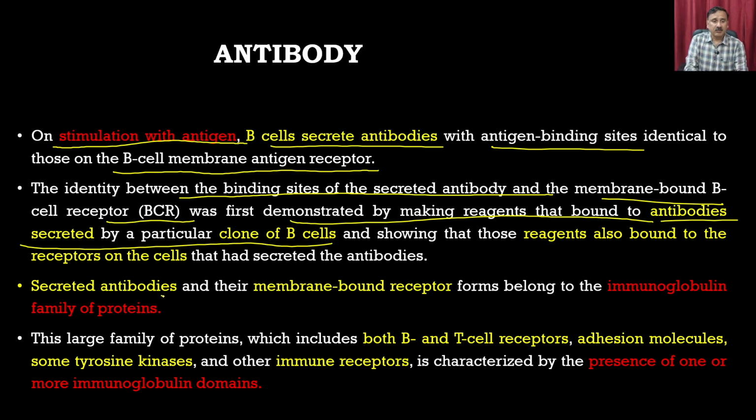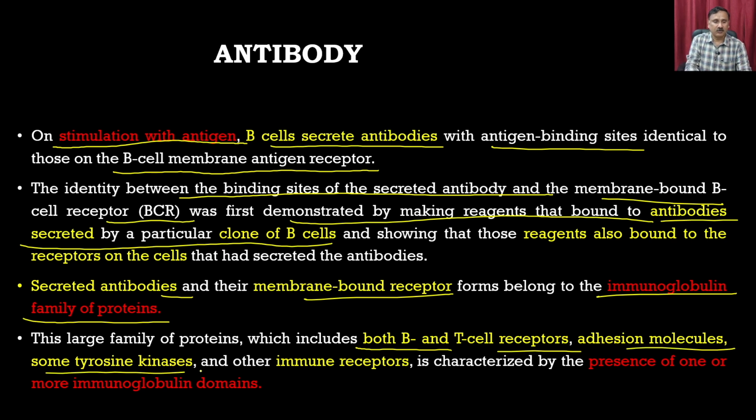So secreted antibodies and the membrane bound receptors belong to the immunoglobulin family of proteins, right? This is a large family of proteins which includes both the B cell and T cell receptors, adhesion molecules, tyrosine kinases and other immune receptors. It is characterized by the presence of one or more immunoglobulin domains.